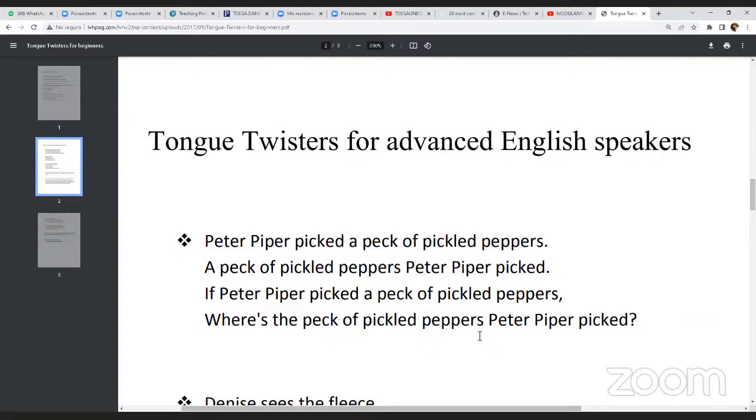What is the correct pronunciation of peck and of? Where's the peck of pickled peppers Peter Piper picked?